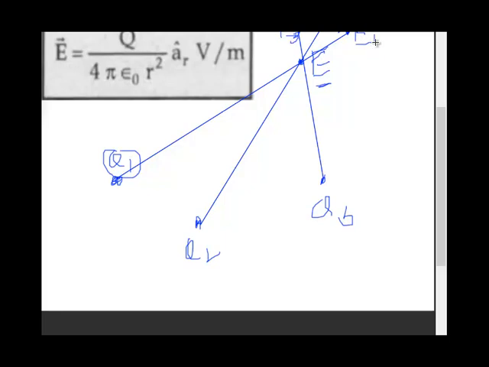Vector E1 is the electromagnetic field due to charge Q1 at point P. E2 is the electromagnetic field intensity due to source charge Q2 at field point P, and E3 is the electromagnetic field intensity at field point P due to source charge Q3. The total electromagnetic field intensity at point P due to three charges Q1, Q2, Q3 will be the sum of all the three: E1 plus E2 plus E3 will give you E.